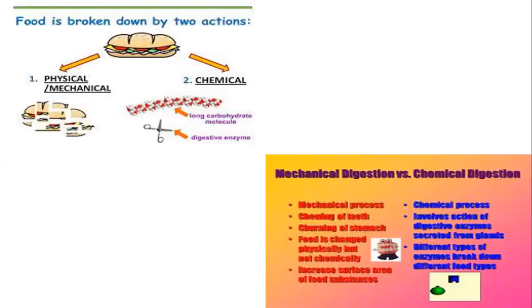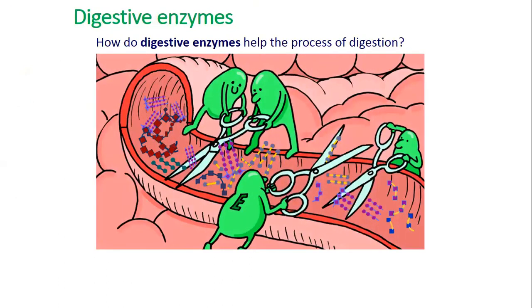Food is broken down by two actions, physical and chemical actions. In physical digestion, we use the muscles of the digestive system, whereas in chemical digestion, there is intervention of enzymes. Digestive enzymes: look at a simplified figure for an enzyme.